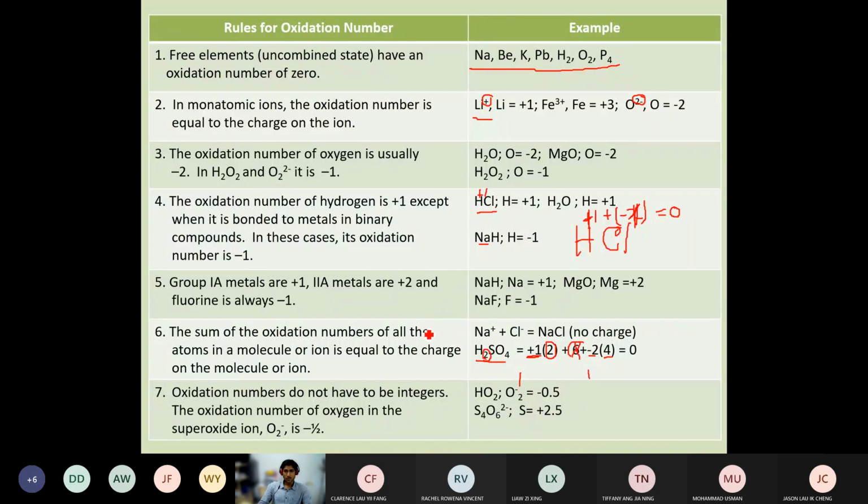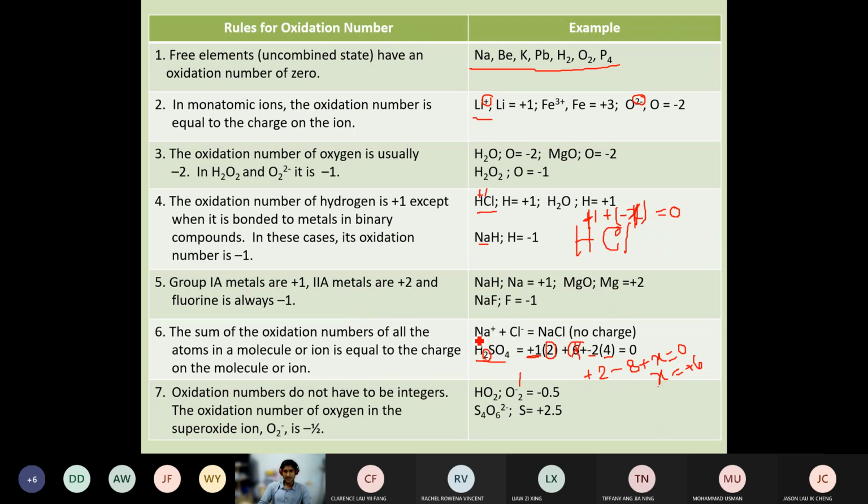So +1 times 2 is +2, then -2 times 4 is -8, plus something X that is equal to 0. If we solve this, we will see that X is equal to +6.